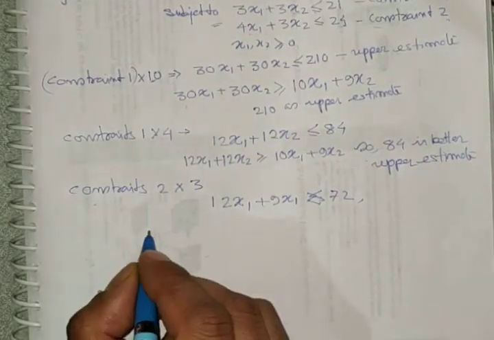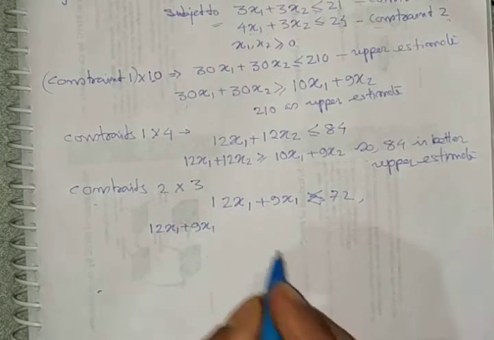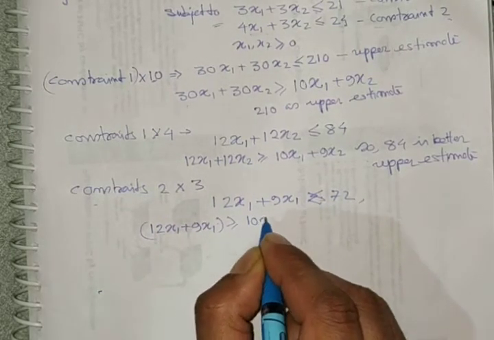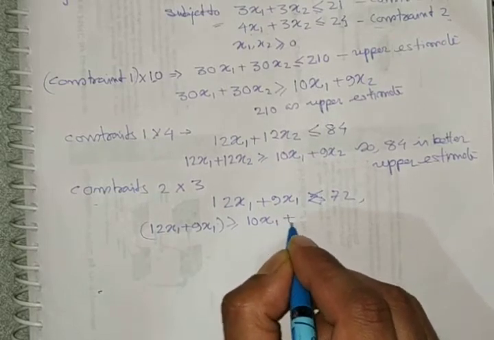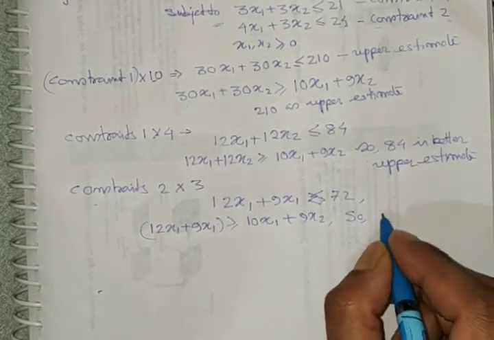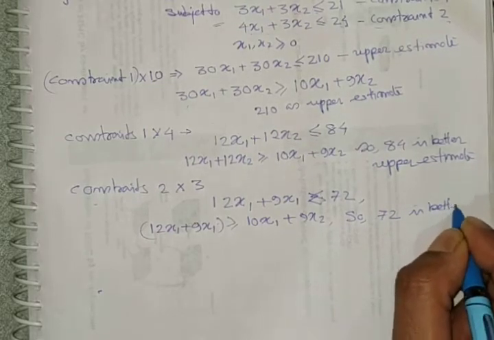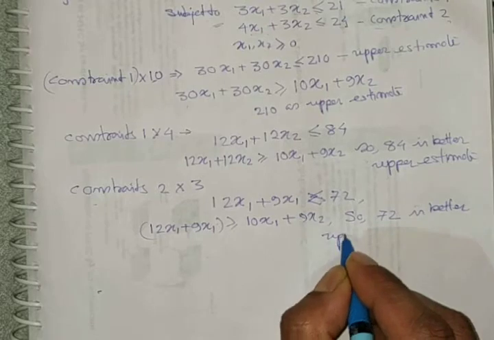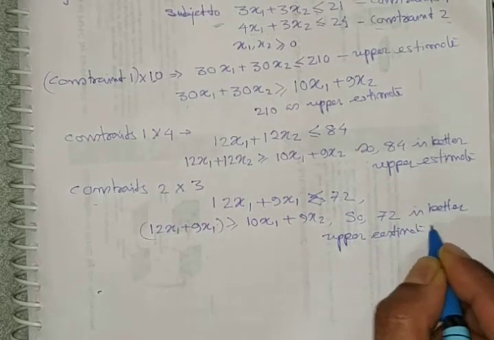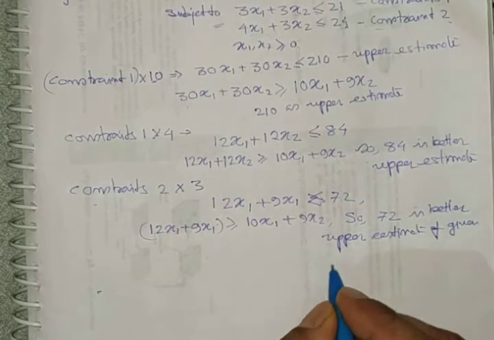And if you observe here, 12x1 plus 9x2 is greater than or equal to the objective function 10x1 plus 9x2. So we can say that 72 is a better upper estimate of the given problem.